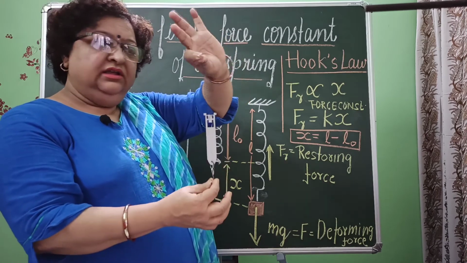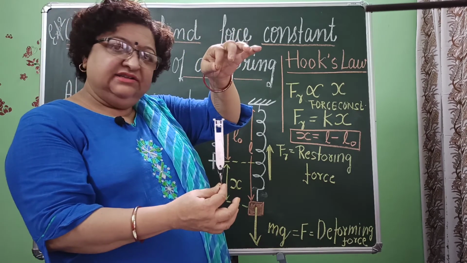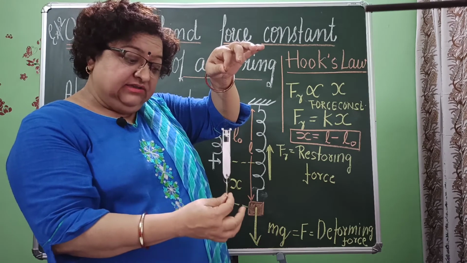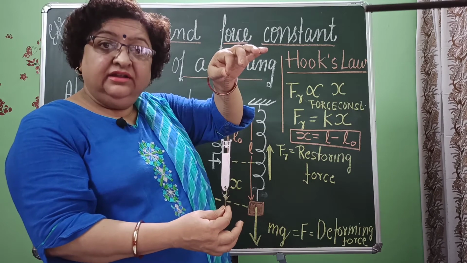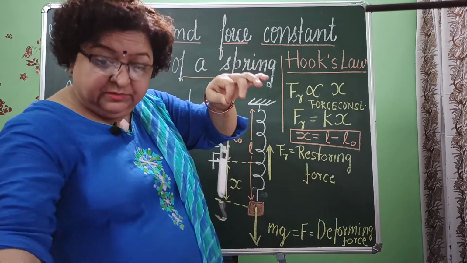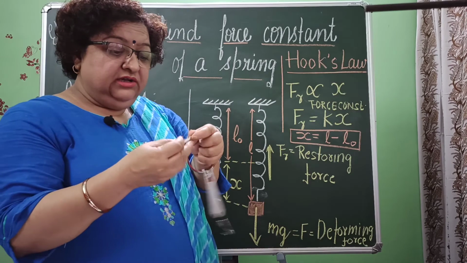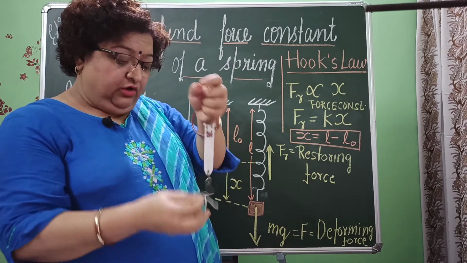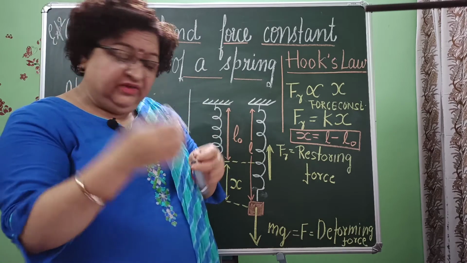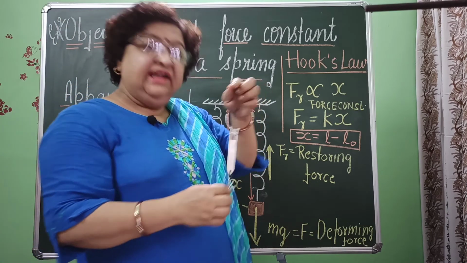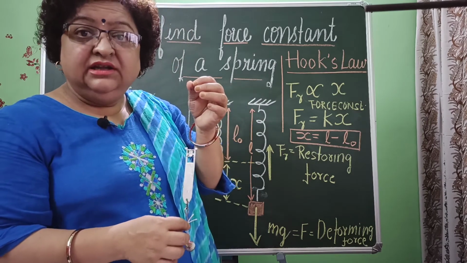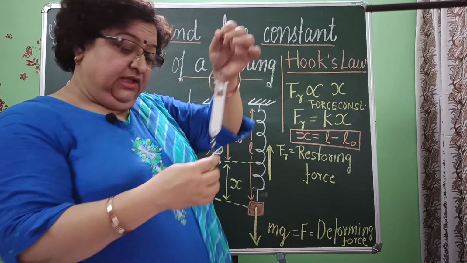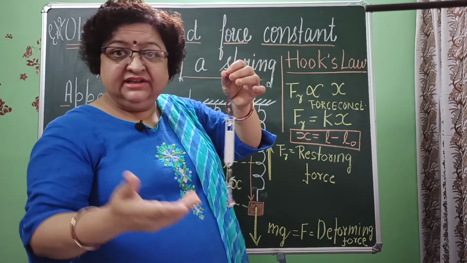If I hold the spring here and take it as the point of suspension, and I start pulling the spring, as soon as the spring starts elongating, and especially if I put a constant force of this weight, this is 10 grams weight, so 10 into 980 centimeter per second square, that is the g.